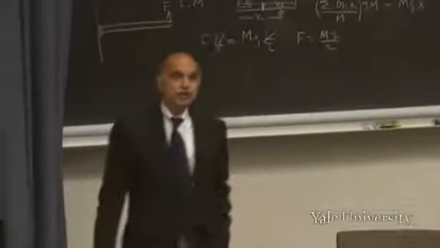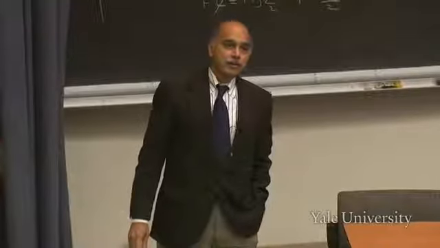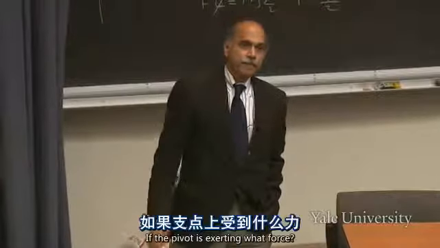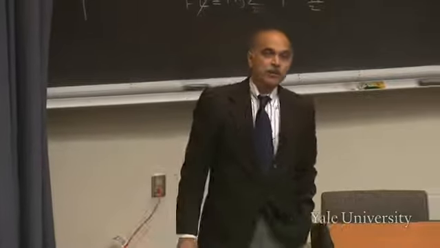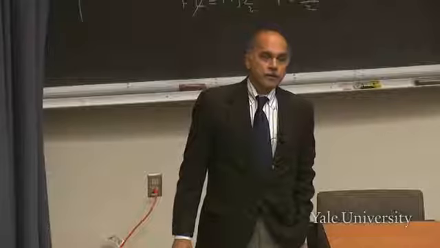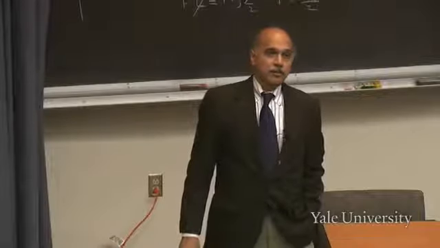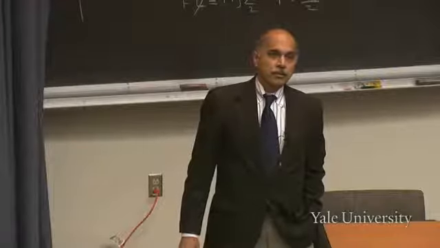Student: If the pivot is exerting a horizontal force, how can you assume that...? If the pivot is exerting what force? If the pivot has a horizontal force, and if the force you apply has a horizontal component, but it won't cause a torque. But you're finding the net force that you're applying.